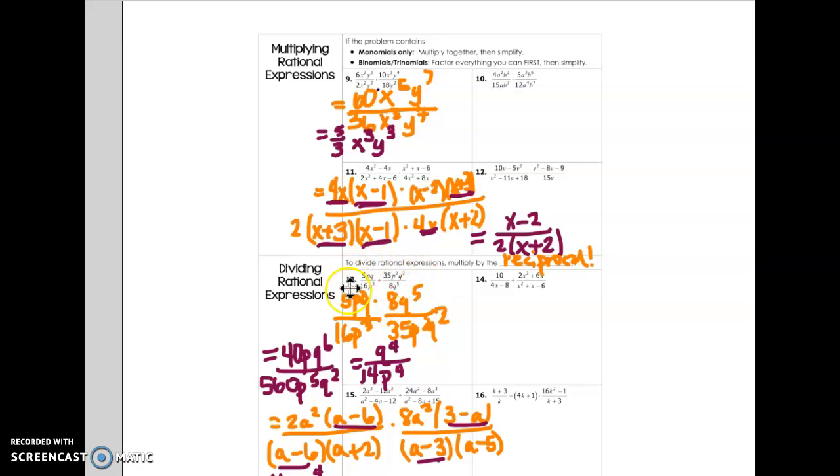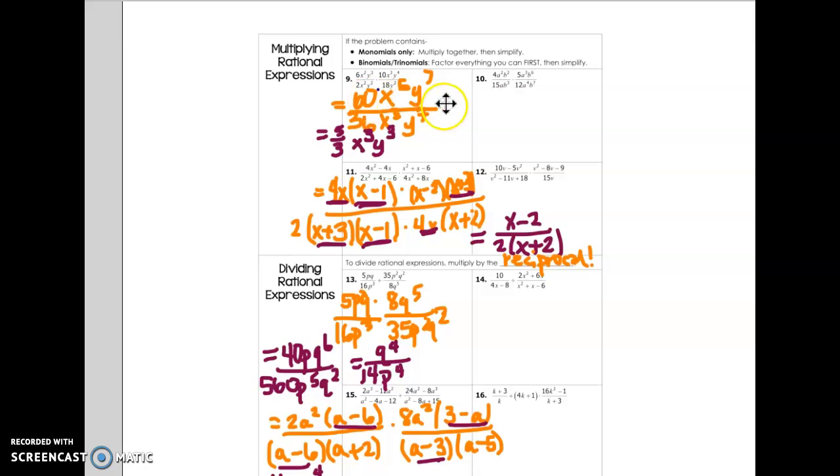So that is all that I did here with number 13. I left the first fraction the same, and then I said times, and then we do the reciprocal of the original. So I have 8 q to the 5th over 35p squared q squared. Okay. Then same thing as up above.